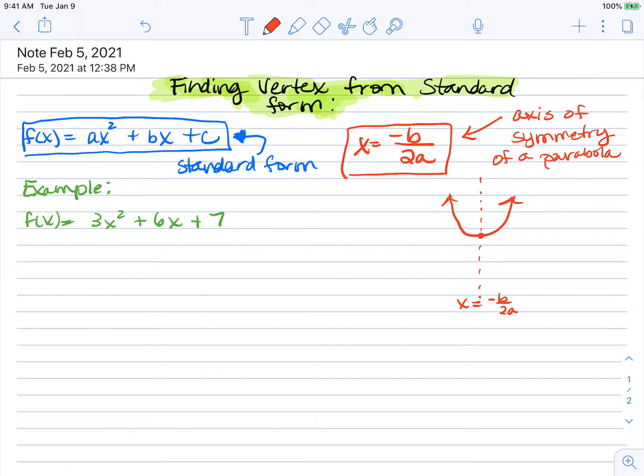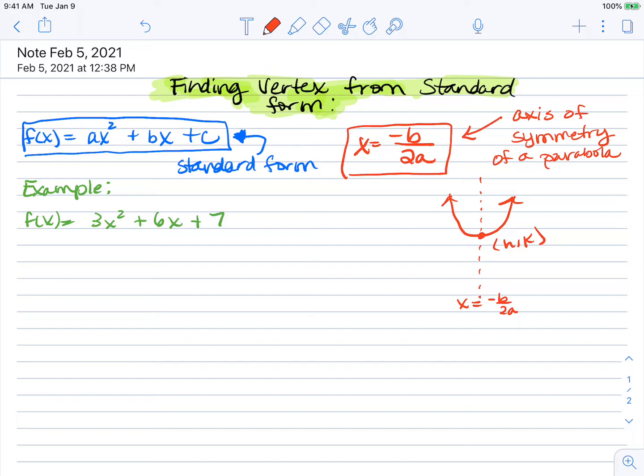Well, that line of symmetry is right in the middle of my parabola. It's also my vertex, and my vertex is hk.